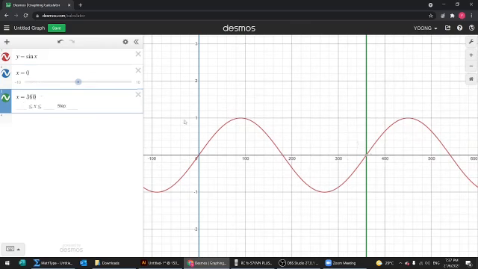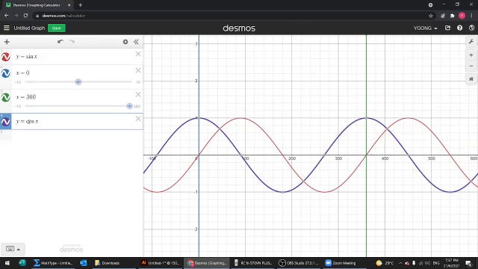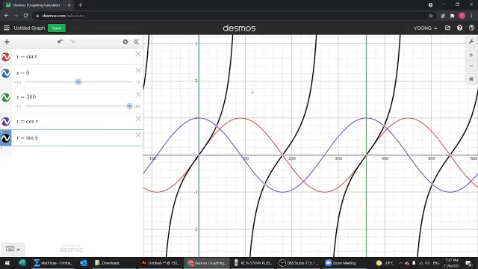Now let's say I put another graph, y equals cosine x. The purple is my cosine graph, the red is my sine graph. And another graph, y equals tangent x, the black one.